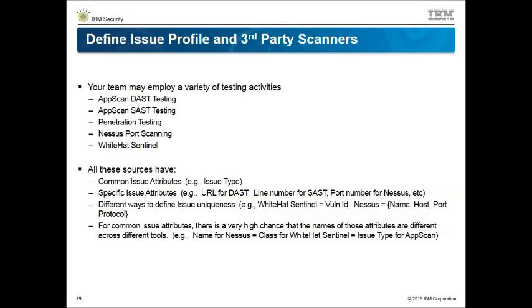I'm choosing this just as an example, but you can think of other ones that apply to your organization. For WhiteHat Sentinel, when you bring the class issue attribute into AppScan Enterprise, you know that class is talking about the issue type, so you want to map that to an issue type, either an existing issue type or a new issue type that exists only in WhiteHat or only in Nessus.